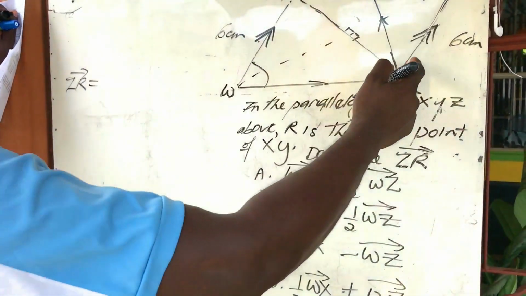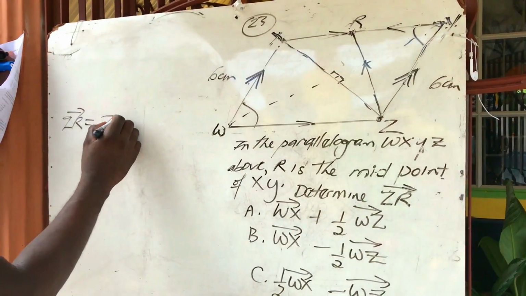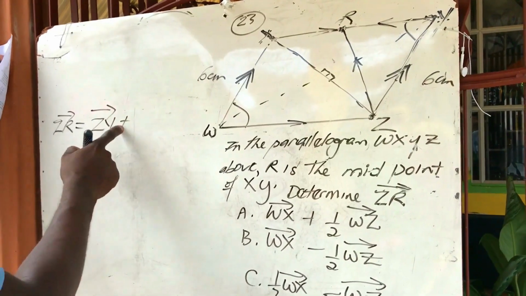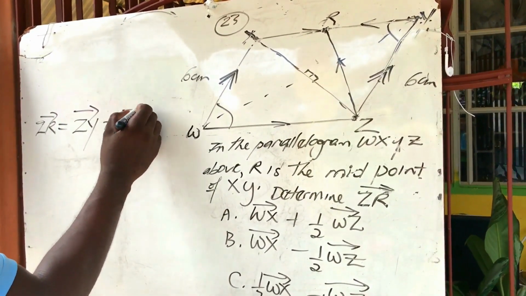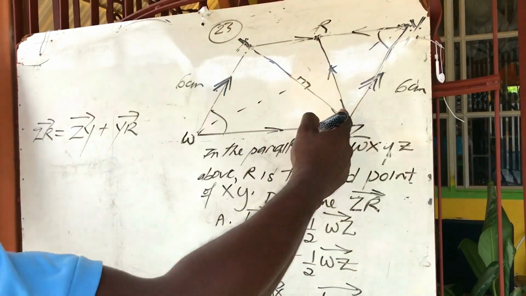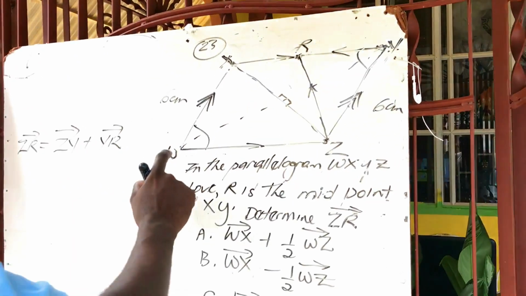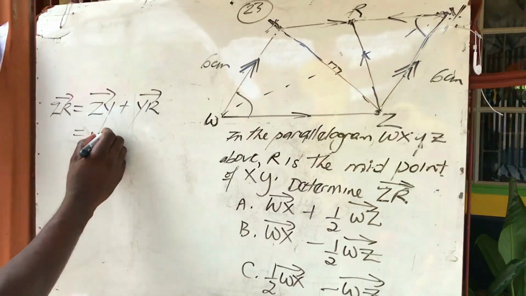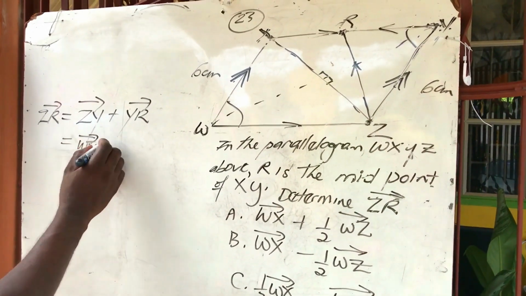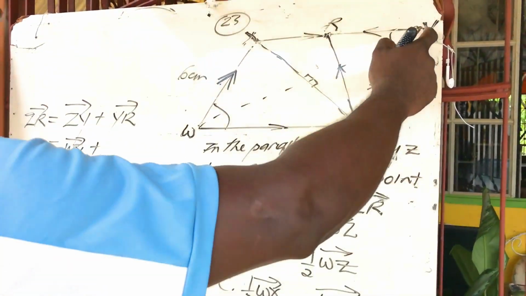ZR equals, we are going from Z to Y, so we first write out Z to Y, and then when we reach Y, we now go to R, from Y to R. But it follows that vector ZY is the same thing as vector WX. So where we have ZY, we put vector WX plus, now Y going to R.